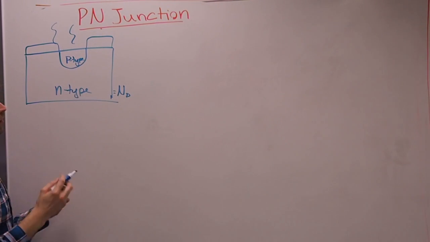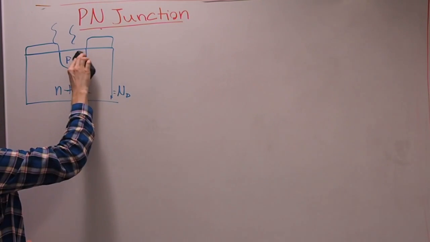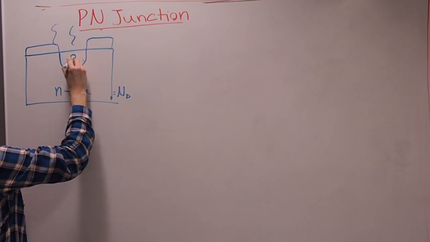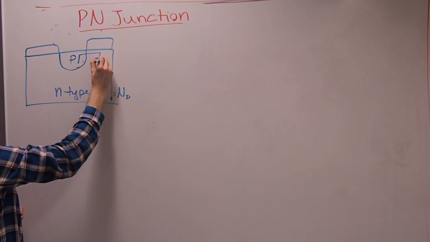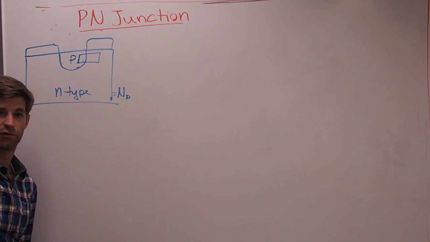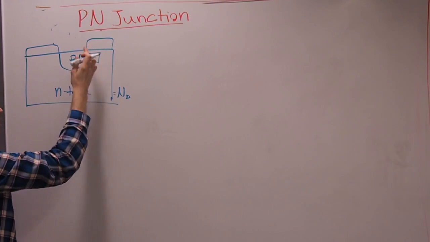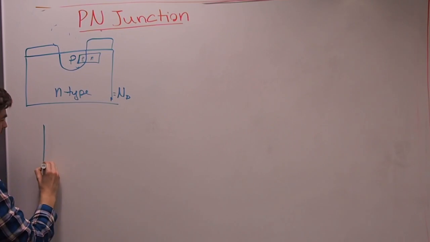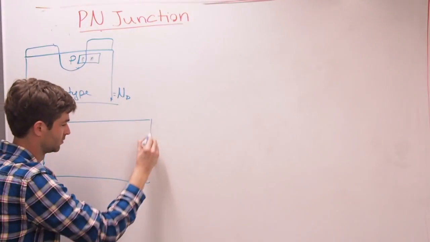Now the process is a little bit more complicated than I just said, but we just need to know that what we have is this p-type well in this n-type region. And if we just zone in on this little differential region right here, where this is p-type and this is n-type, such that this line is just a straight line, and we superimpose that right here, we have a pn-junction, right?